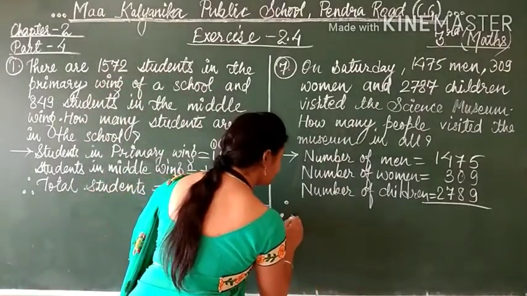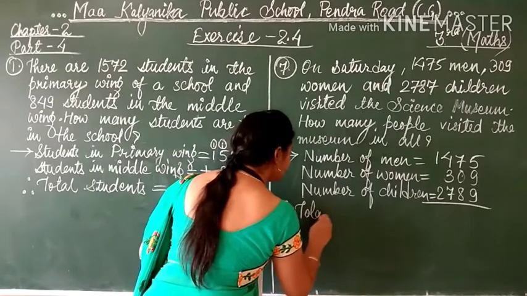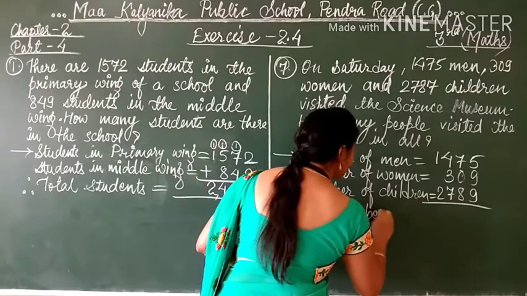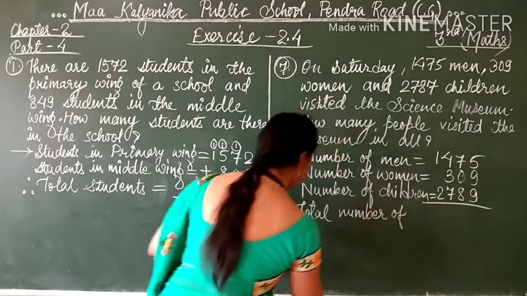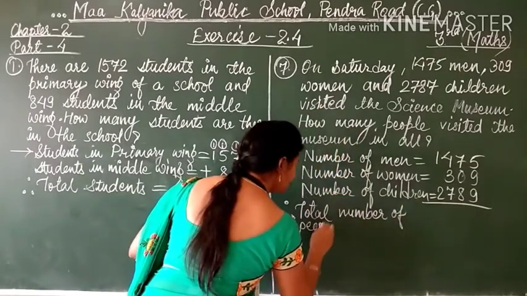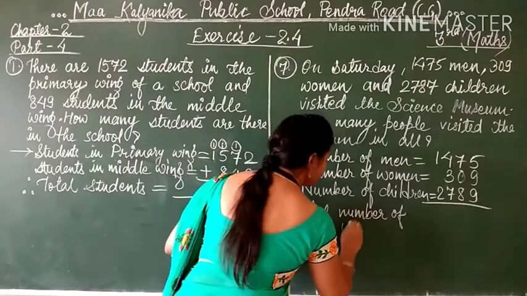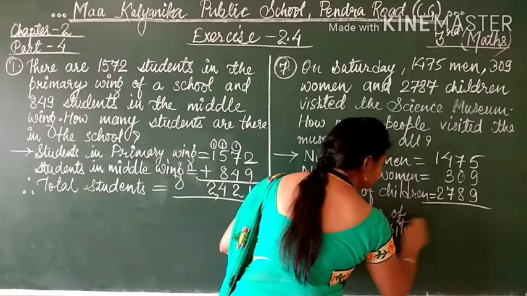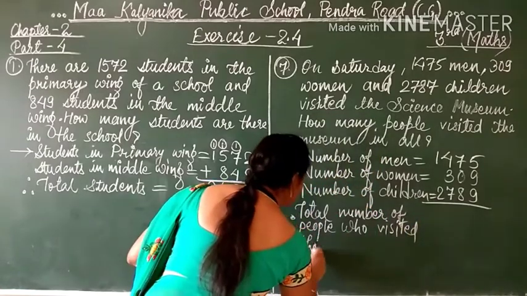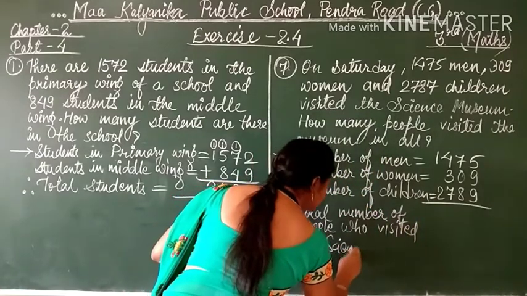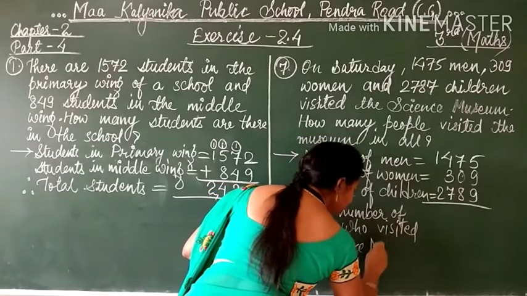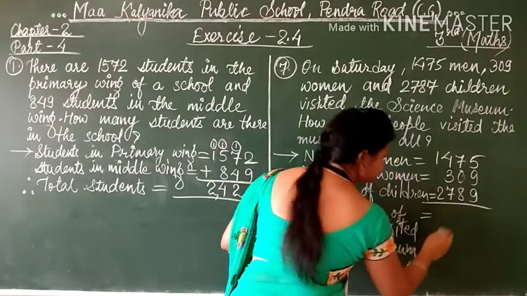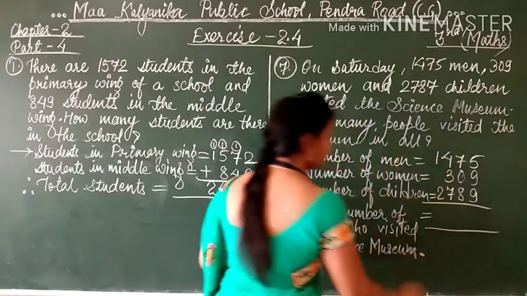Therefore, total number of people who visited the Science Museum is equal to.